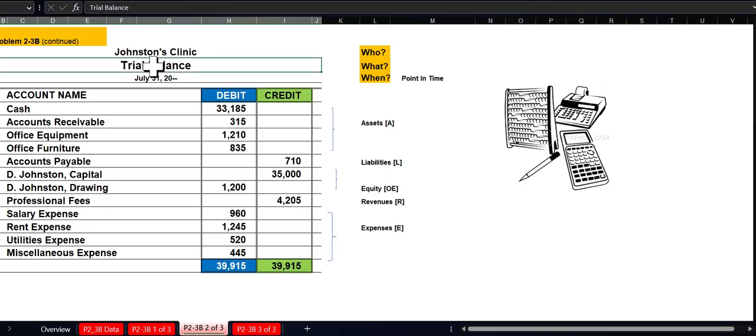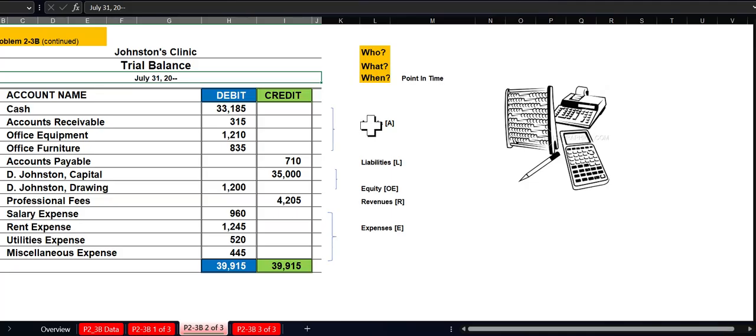The title of the report needs to be there, and the date. Notice that it simply says July 31st because on this particular day, these were the balances. If we did it again in August, we may have different numbers, but on this specific date, July 31st, these were the balances.